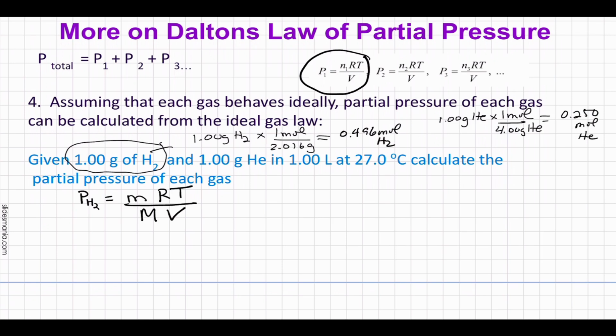So the pressure of the hydrogen is going to equal 1 gram times R. Oh my gosh, I'm forgetting R. 0.08206.